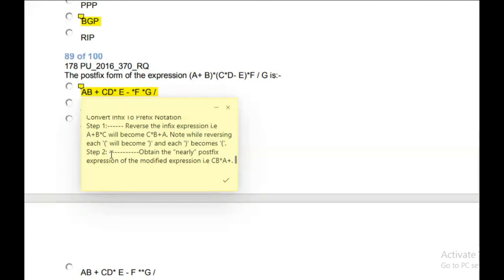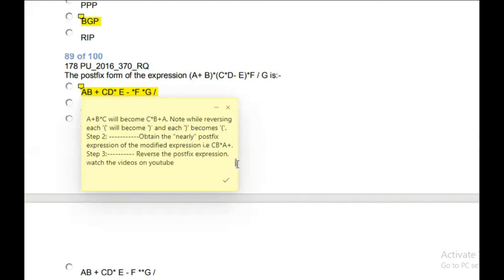Note, while reversing, each open parenthesis becomes a close parenthesis, and each close parenthesis becomes an open parenthesis. That's it. Step 2: obtain the nearly postfix expression of the modified expression, that is, cb star a plus.